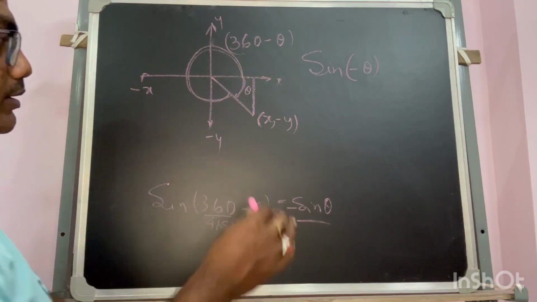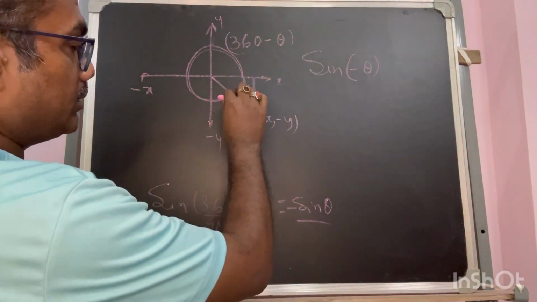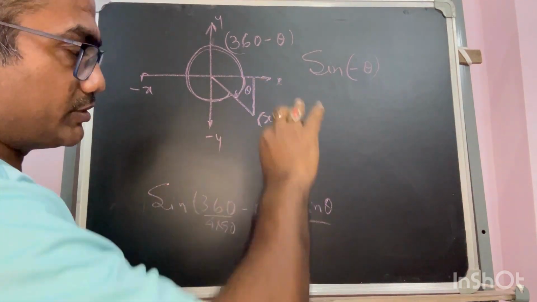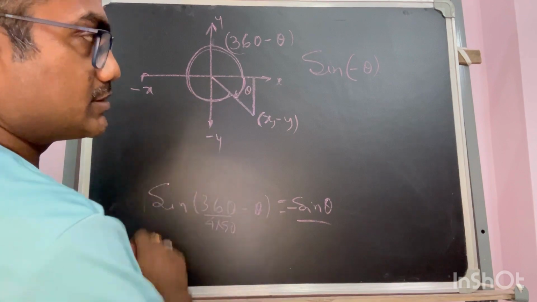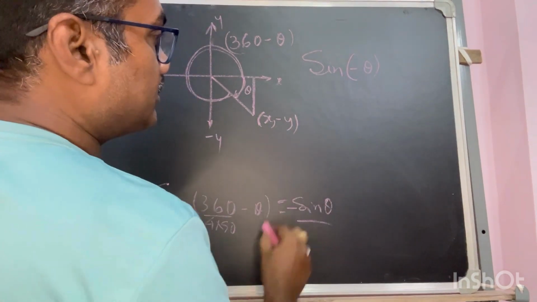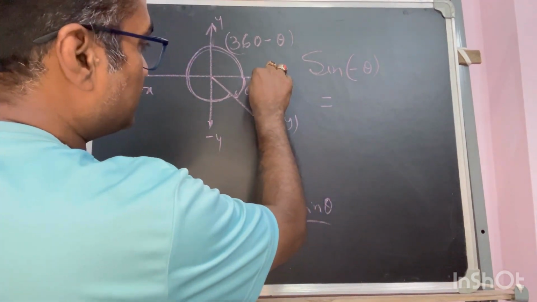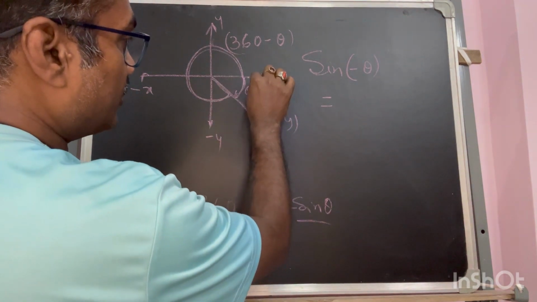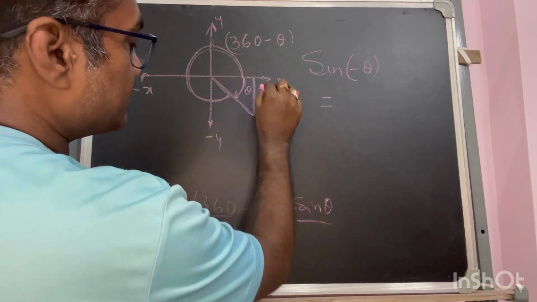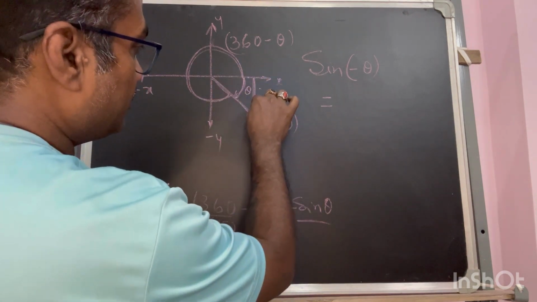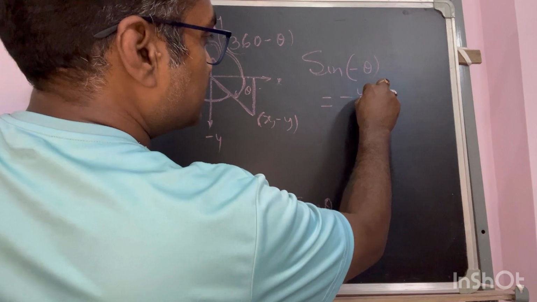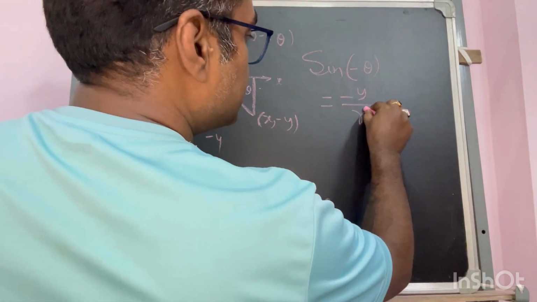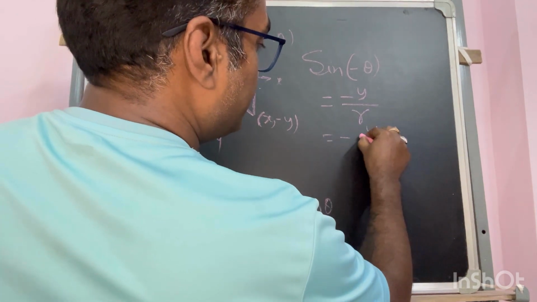Now if I put it the other way, and assume this is minus theta because it is the clockwise direction, what would be the result? With a triangle, it is a right angle triangle. This is y, this is x, and sine is the vertical direction. The vertical direction is minus y, and this radius is r, so this is nothing but minus y by r.